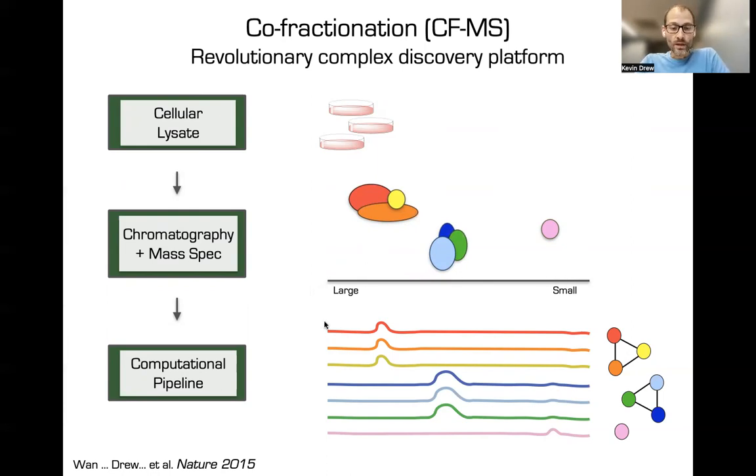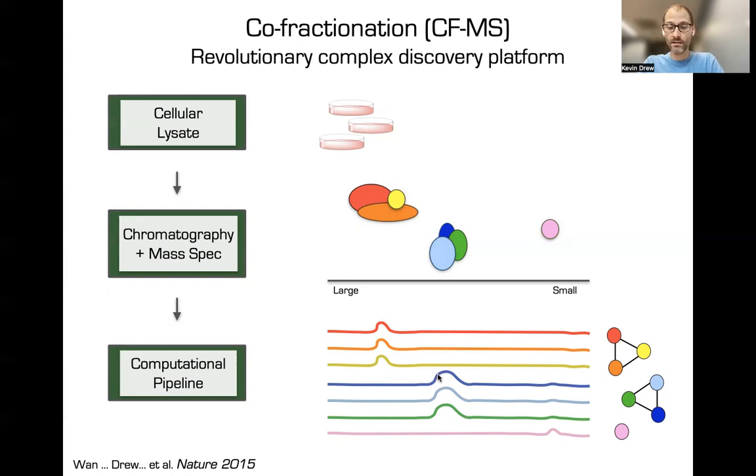What that allows us to do then is, for every protein we identify, we can then build and observe an elution profile. So here, there's a red protein. We see that it elutes at this high molecular weight fraction, and then we don't see it again. And then these other proteins, this orange protein and yellow protein, also have very similar behavior. They elute at this high molecular weight fraction, and then essentially we don't see them again. So we can observe that these three proteins co-elute together.